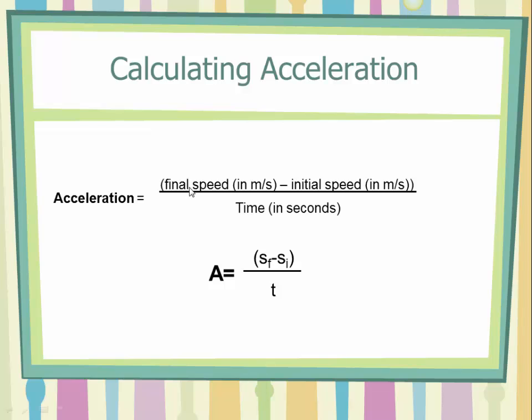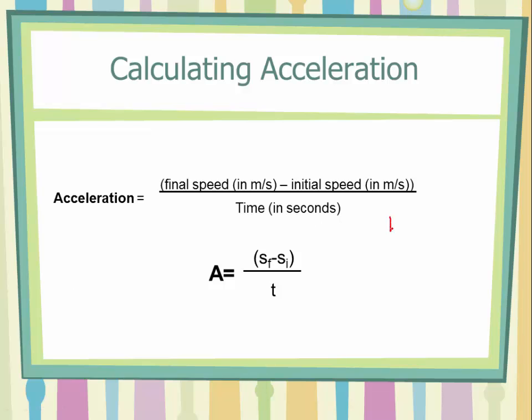If you notice here, we have the final speed in meters per second minus the initial speed in meters per second, all divided by time in seconds. On top we have meters per second, and below we have just seconds.